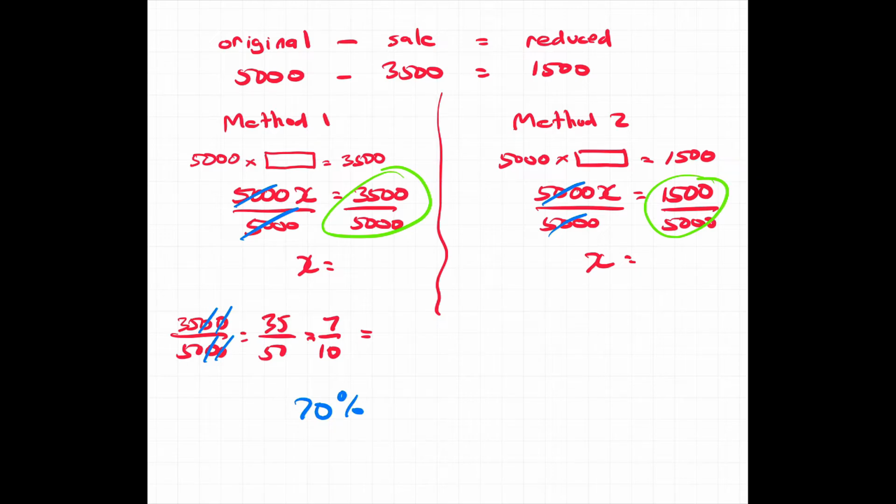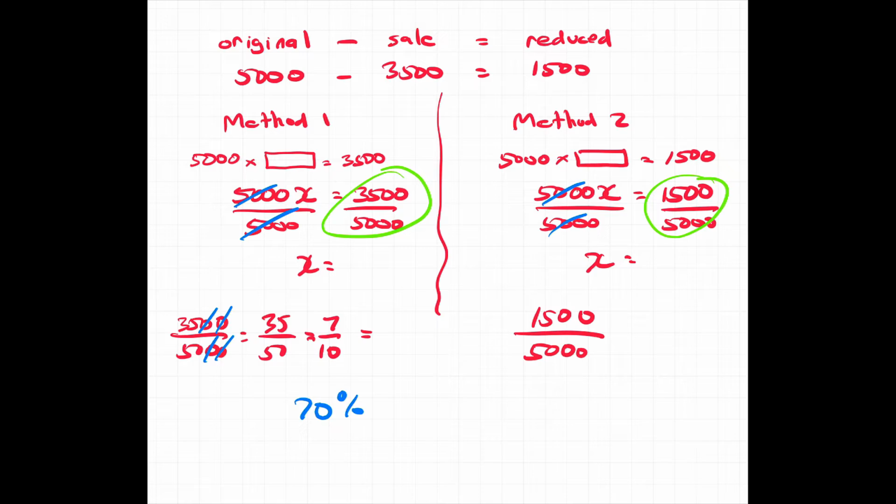Okay, so it says that 1,500 over 5,000. Again, what are we going to do? We're going to cut out, oops, sorry, there was another zero there I missed.